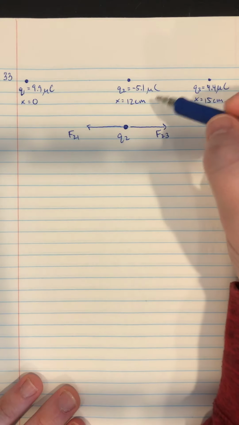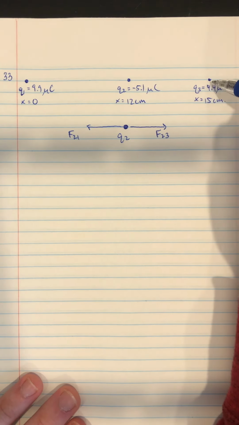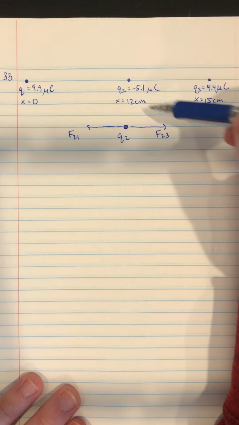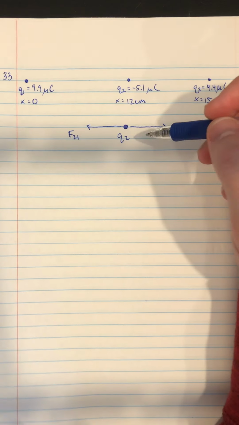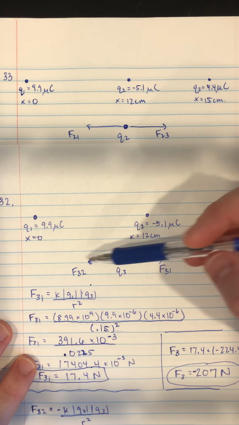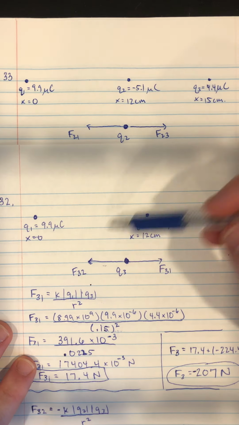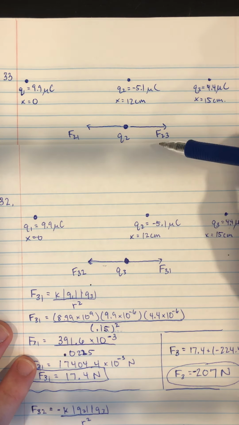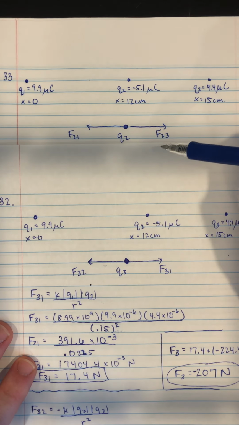We already solved for the force of charge 2 on charge 3, so the force from charge 3 on charge 2 has to be equal but opposite. F32 was to the left, F23 is going to be to the right. This is the force on 3 because of 2, and this is the force on 2 because of 3. So they're equal and opposite.